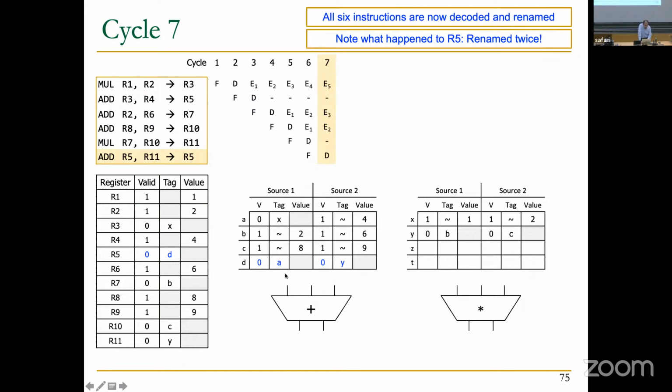The first tag is A, because as a source value, this R5 is coming from this instruction, and the reservation station for it is A. So the tag that we store here is A. The second source is R11, and R11 is Y. But the output is also going to be stored in R5, so again we need to rename R5. R5 is going to be renamed to D here, which is the reservation station that we have here. A bit confusing, but it's not really hard if you do it one by one.